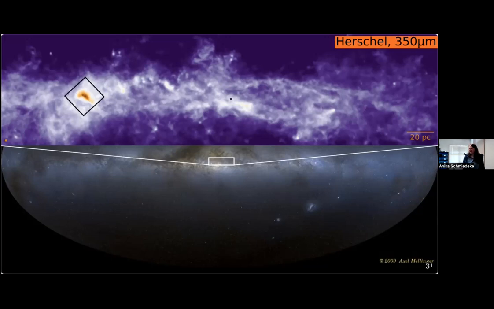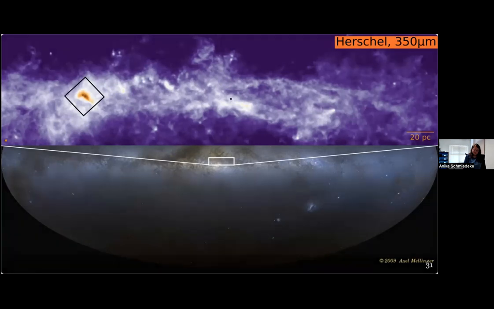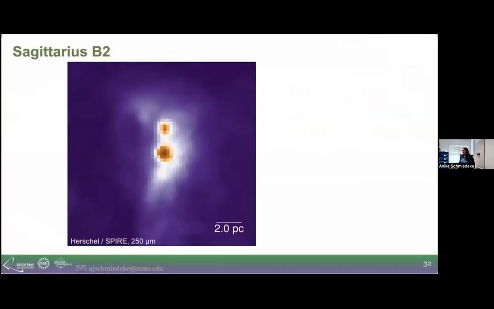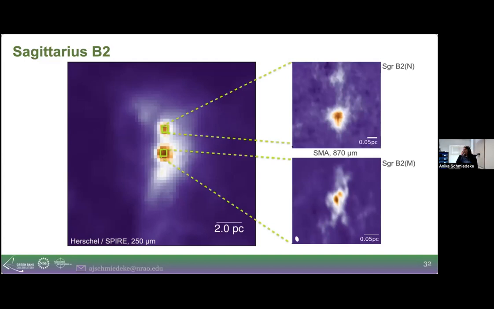The orange dot here is Sagittarius B2, a very famous high-mass star-forming region. If you're interested in finding new molecules, go to the northern dot that you see there. Many molecules in space have been found toward that region. These two dots, now we are looking at the 250 micron map, are historically and very intuitively called Sgr B2 North and Main.